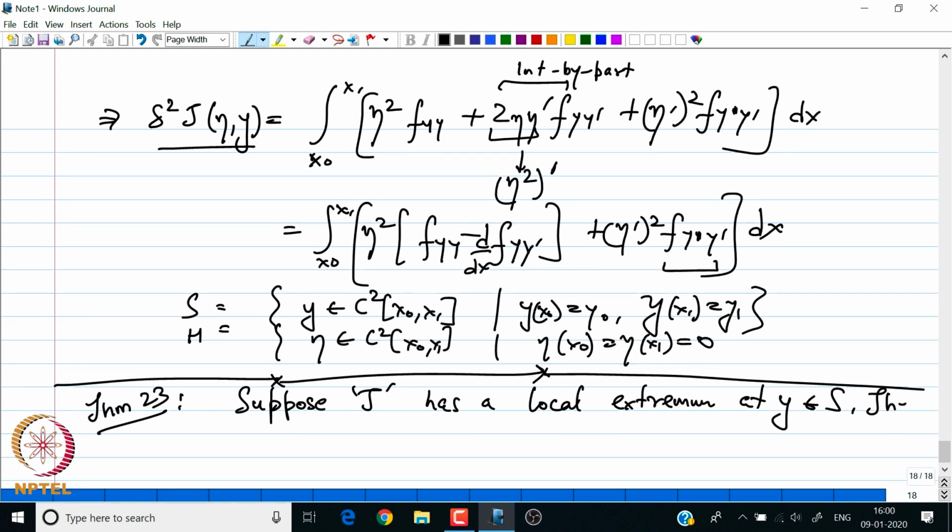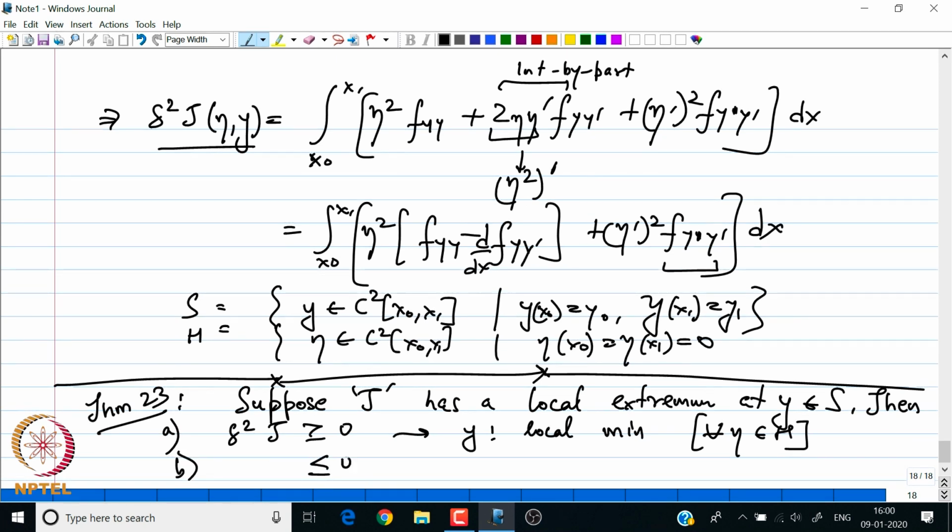Then the first part says that if del square J is positive for all eta in H, then y is a local minimum. The second part says that if del square J is negative, then y is a local maximum. So, that is the relation between max and min and the sign of the second variation.